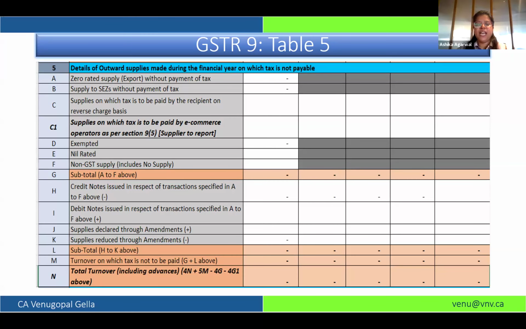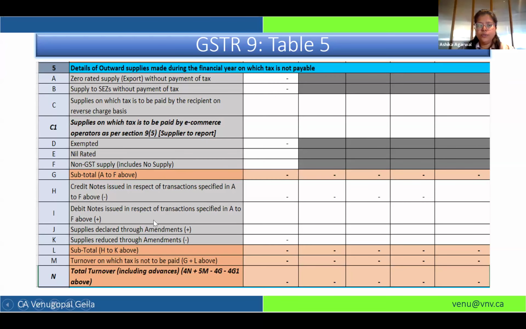In that case, when the sale happens, it is considered a non-GST supply until it is cleared to domestic. So those types of non-GST supply you have to specify in 5F. Here also, reporting from 5A to 5F is mandatory apart from columns D and E. In D and E, they have said you can report in 5D exempted.